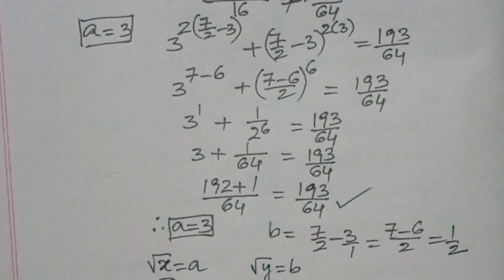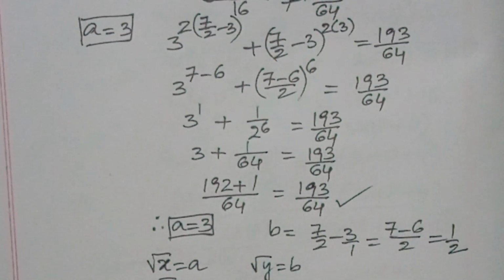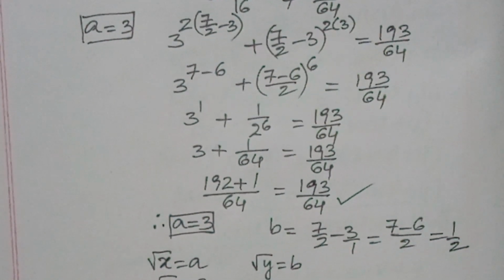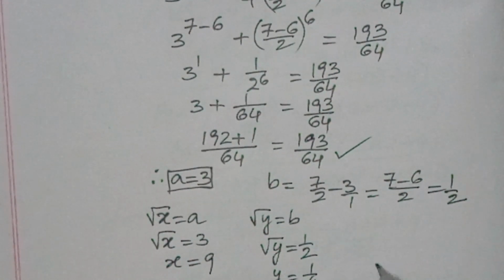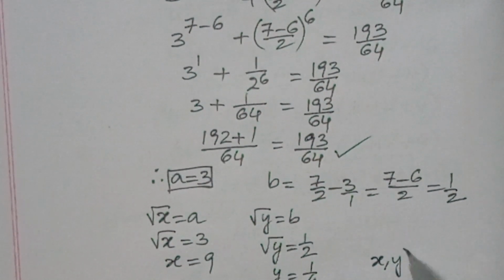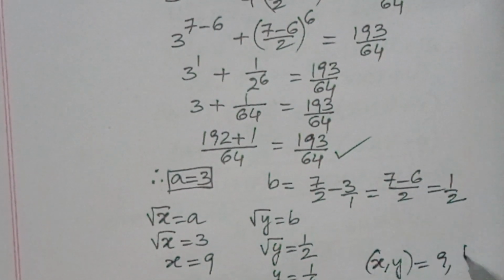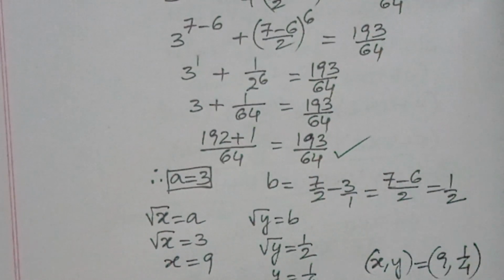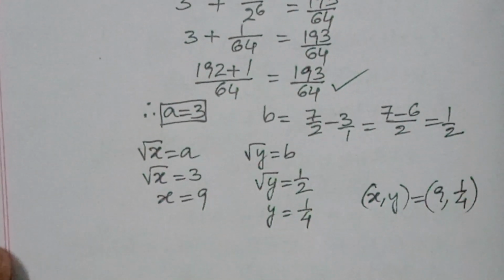So root x equal to 3, x is equal to 9, root y is equal to 1 by 2, y is equal to 1 by 4. Therefore, x comma y is equal to 9 comma 1 by 4.